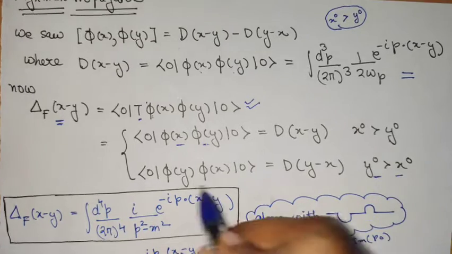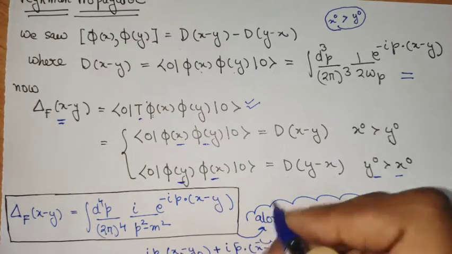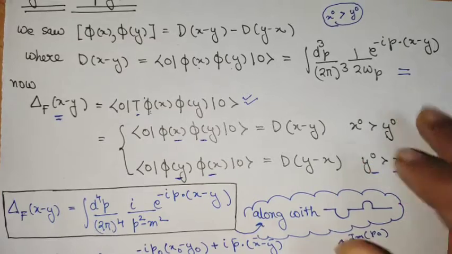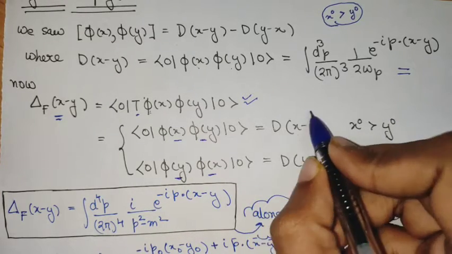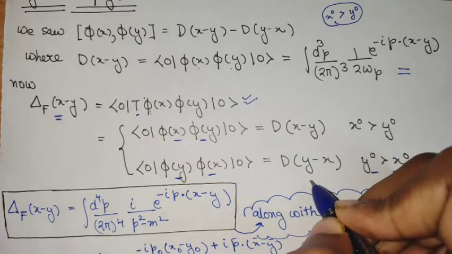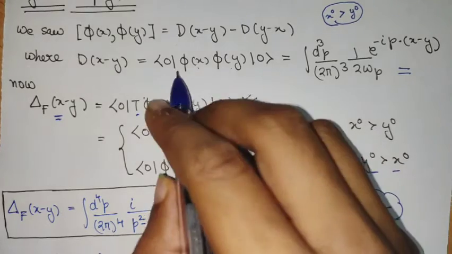If it is opposite, then write it in this order. So that is the time ordering part. And now it is easy to see that this is just the propagator D(x minus y), or the propagation amplitude that we are seeing here.